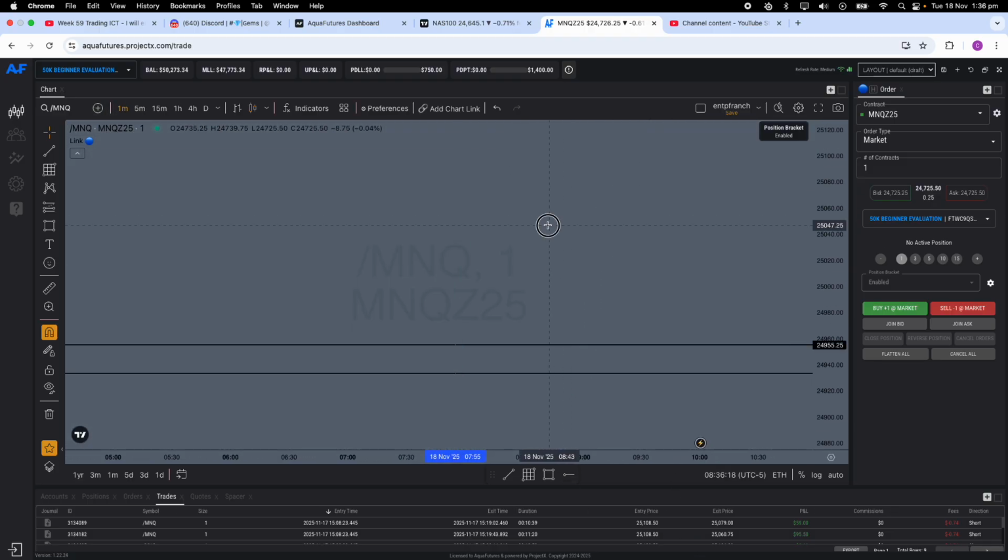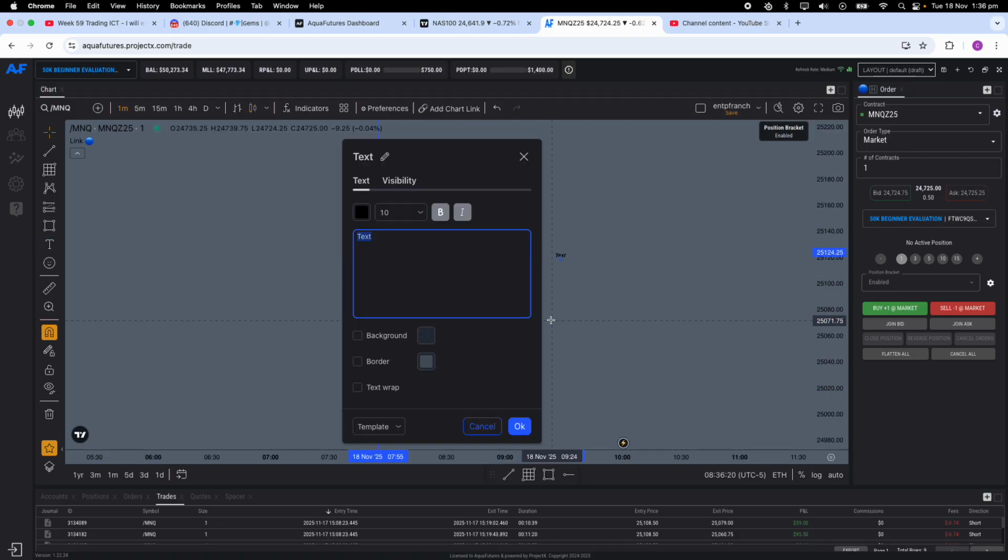And I'll just make a really simple checklist. High time frame PDA, high time frame key level.